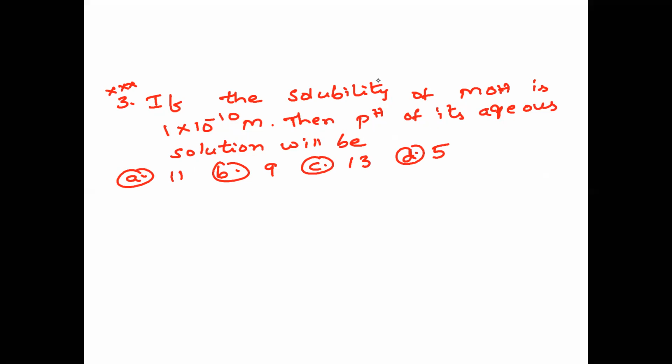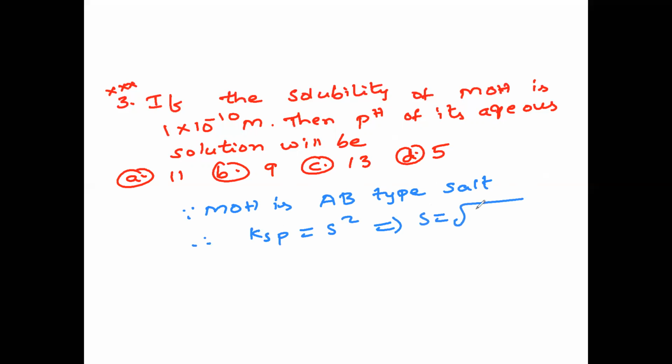So instead of asking solubility, they are asking solubility product. For this type, first we need to find solubility. Since MOH is AB type salt, because of the OH minus ion, therefore Ksp is equal to S square, implies S is equal to under root of Ksp. So solubility S is equal to under root of Ksp, and that solubility becomes the OH minus ion concentration. So solubility is equal to root of 1 into 10 to the power of minus 10, which is equal to 10 to the power of minus 5.